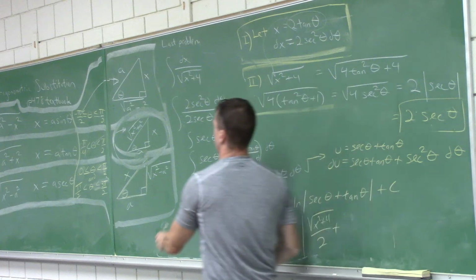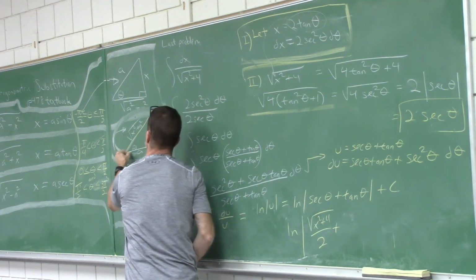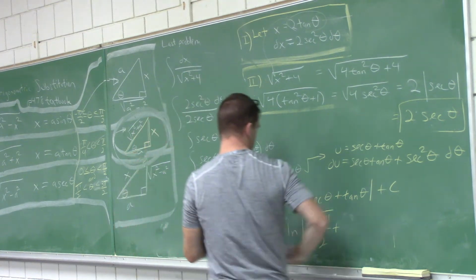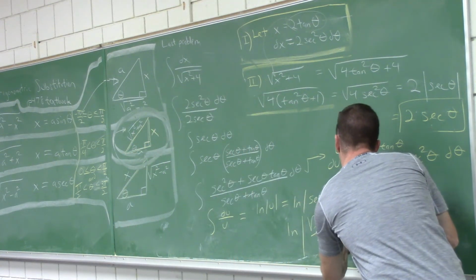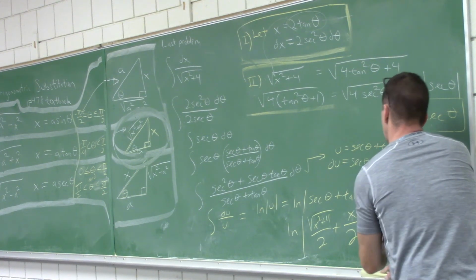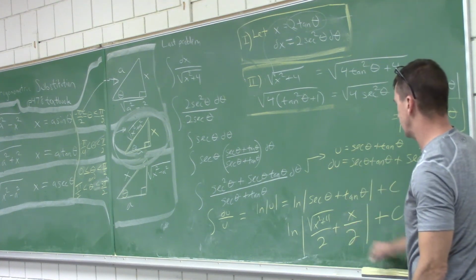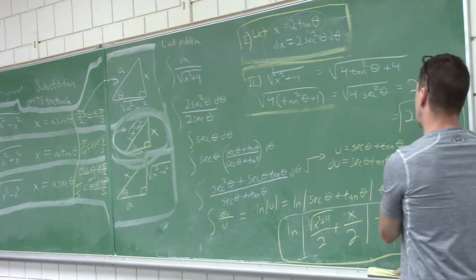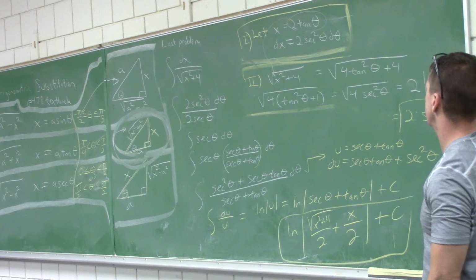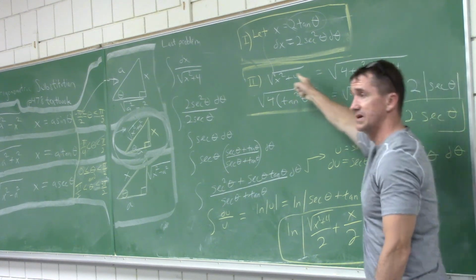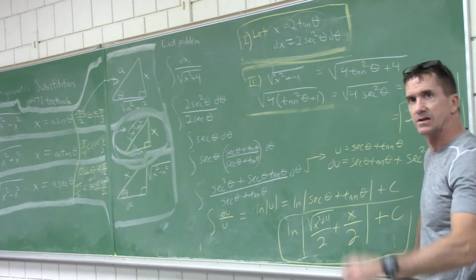Using this triangle right here, what's the tangent of theta there? X over A, opposite over adjacent. X over 2. And plus. Did you all just want to combine that and do a plus over 2? You can. There it is. Isn't that cool? Of course, there's another way to use secant theta. You could have said 2 secant theta equals this. I just like to look at your triangles.